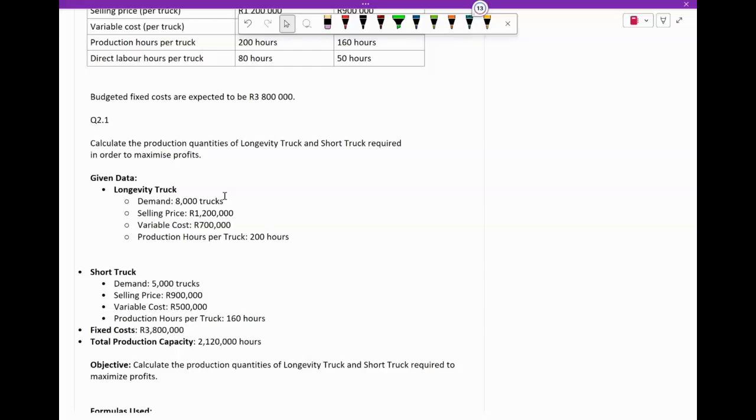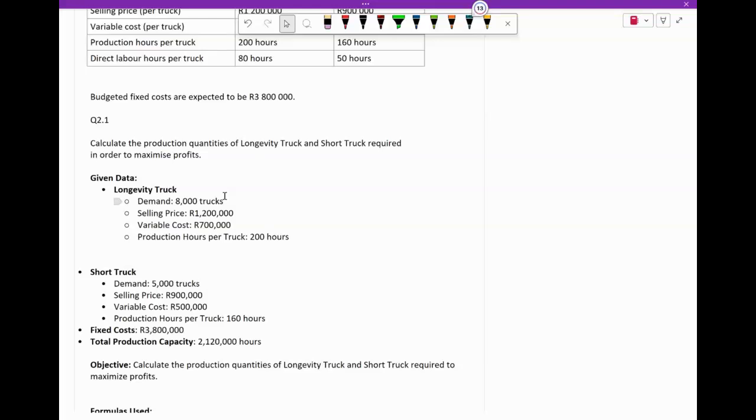We go about doing that by establishing which product, or which truck in this particular instance, gives us the highest contribution margin per limiting factor. What's our limiting factor here? Production hours. So where do we get the most bang for our buck in terms of production hours?